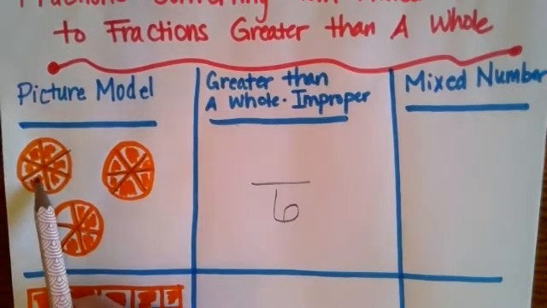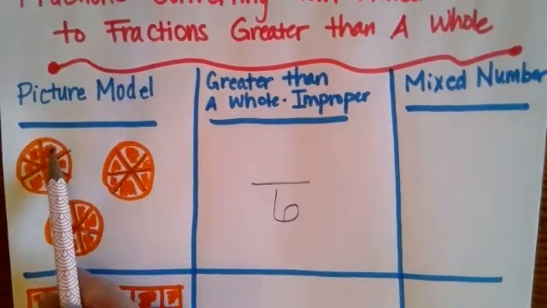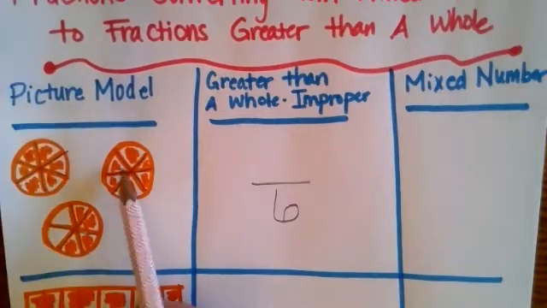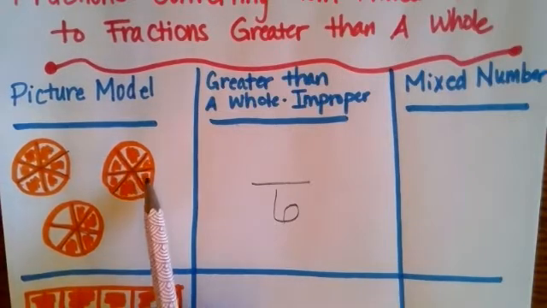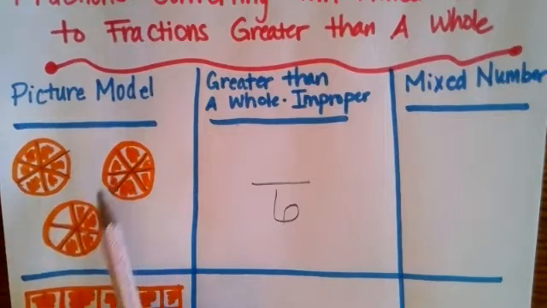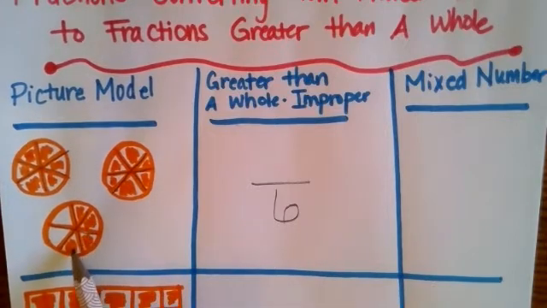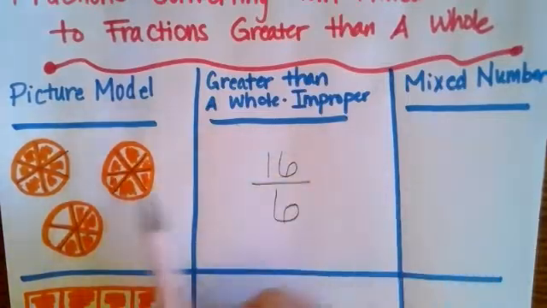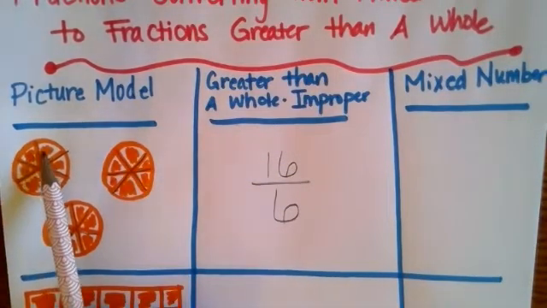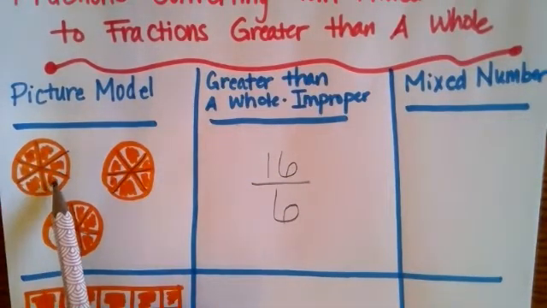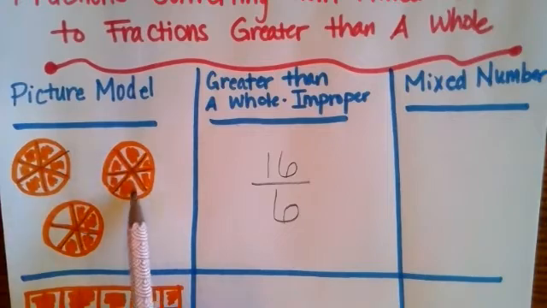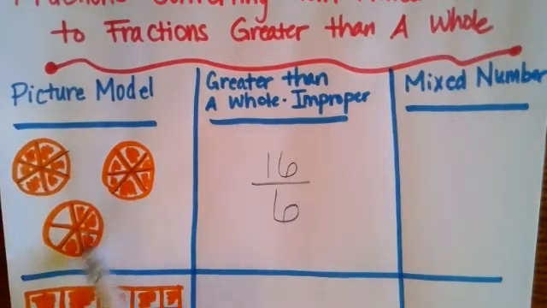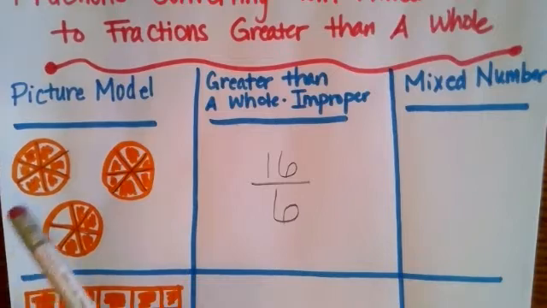Well, let's see. 1, 2, 3, 4, 5, 6, 7, 8, 9, 10, 11, 12, 13, 14, 15, 16. Because there are 16 individual sixth units. I remember we learned a unit fraction. There are 16 of those individual units that were eaten.